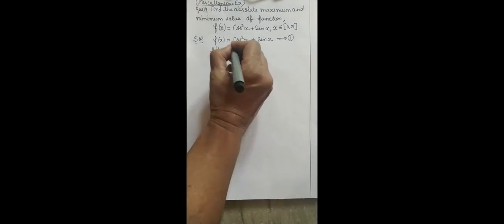So now the function is f(x) is equal to cos square x plus sin x. In the first step, I have to differentiate it with respect to x. So what will be its derivative?